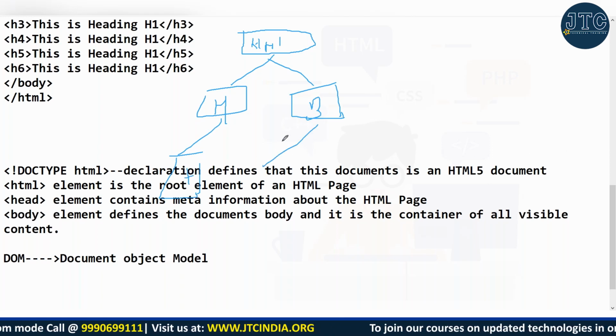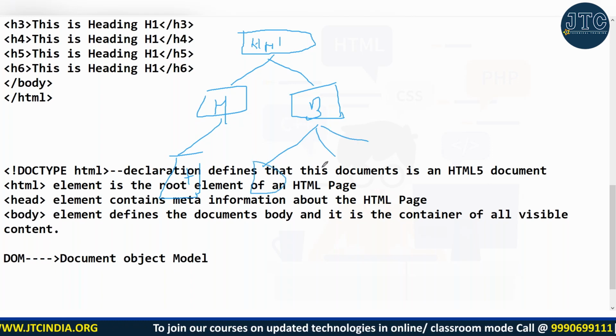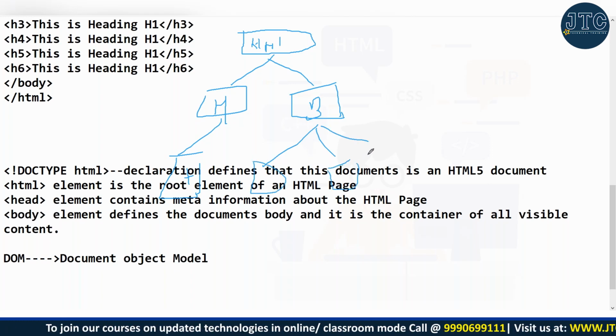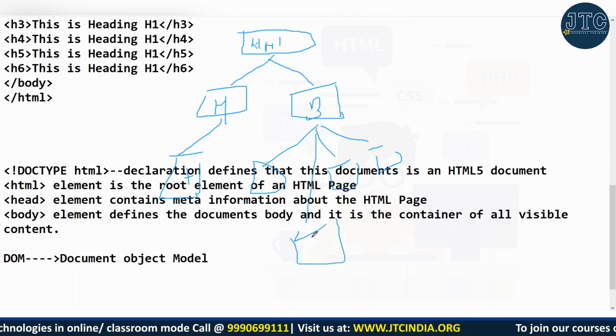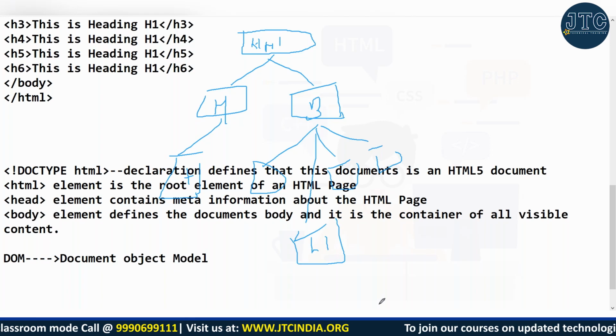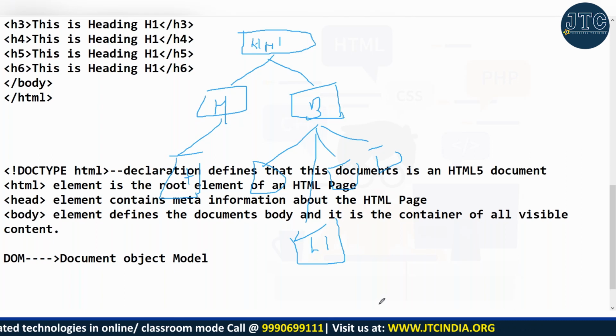In the head part you have the title, and in the body you have the P1 tag, P2 tag, P3 tag. Then we have the H1 tag, and under the H1 tag we have other tags. It is making a tree-based structure.